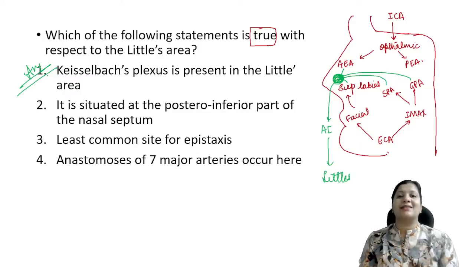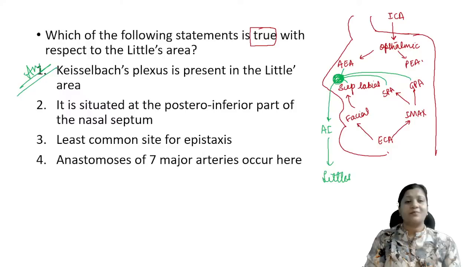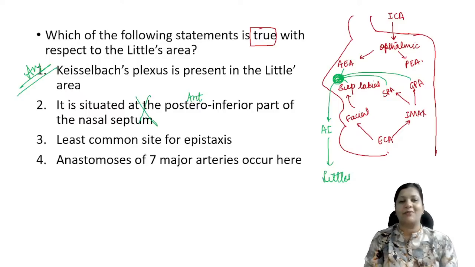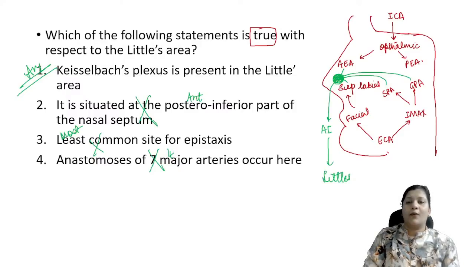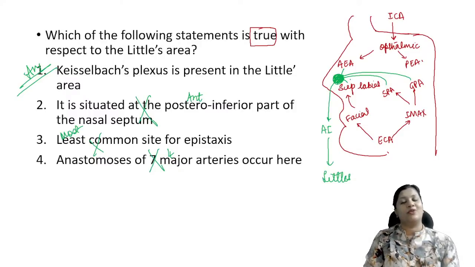Kieselbach's plexus is present in Little's area. It is not situated in the posterior-inferior part. It is situated in the antero-inferior part of the septum. It is not the least common, but it is the most common site of epistaxis. Here there is anastomosis of 4 major arteries, not 7. So the correct answer is number 1, which is antero-inferior portion of the septum.